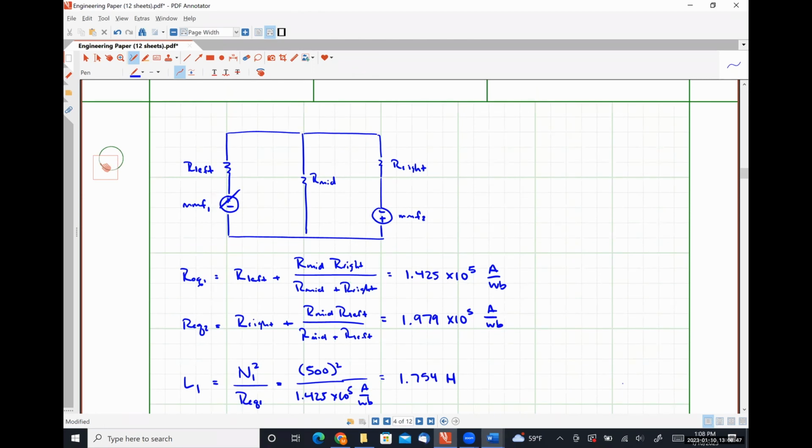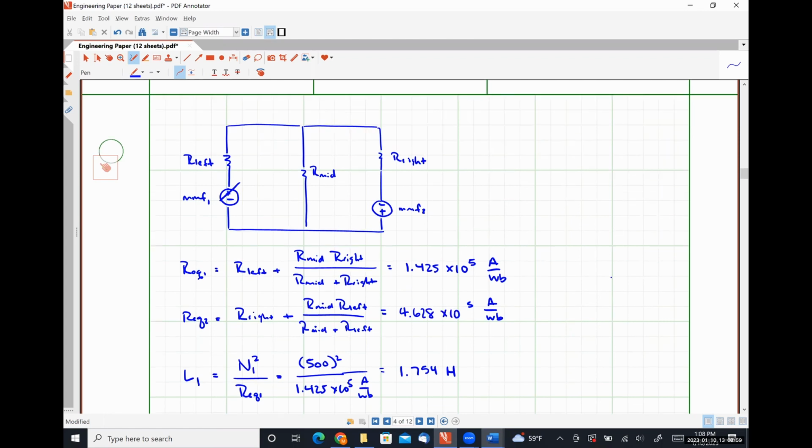Yeah, I had a vastly different number as well. Is it somewhere around 4.628 times 10 to the 5?